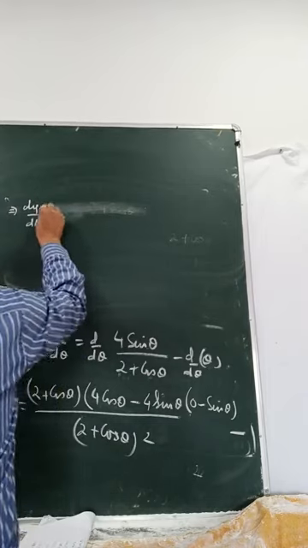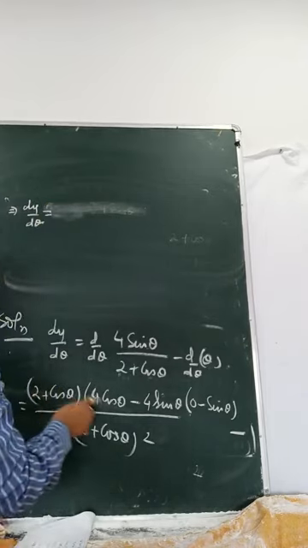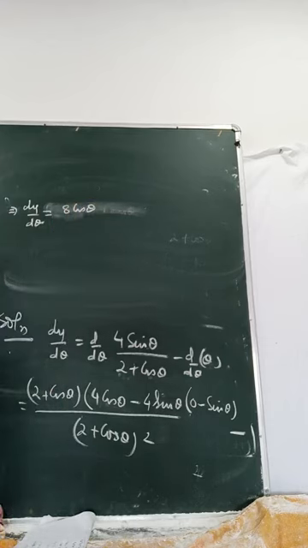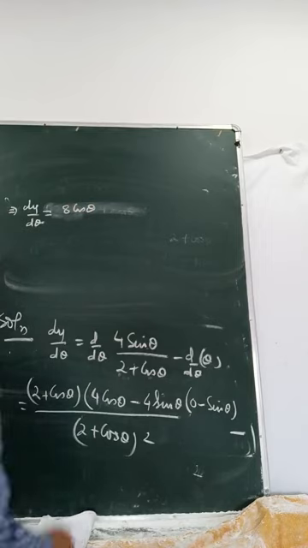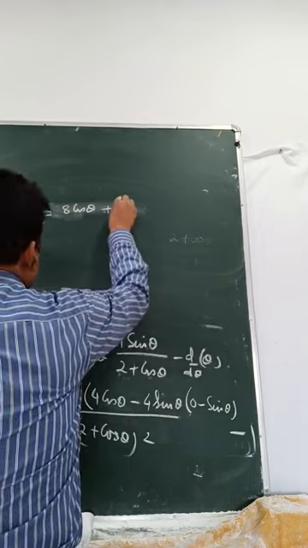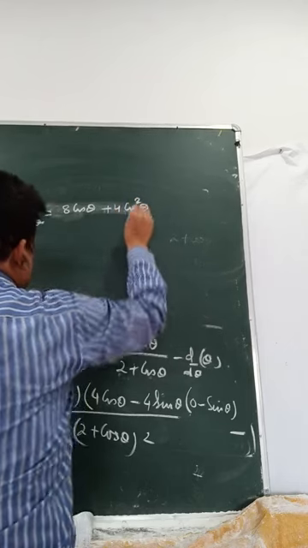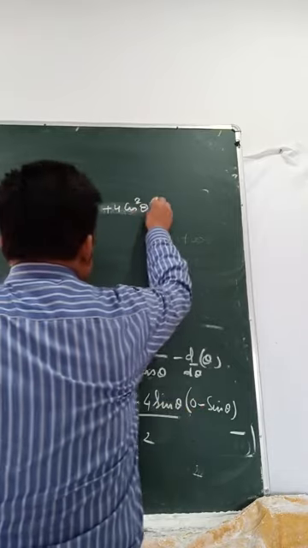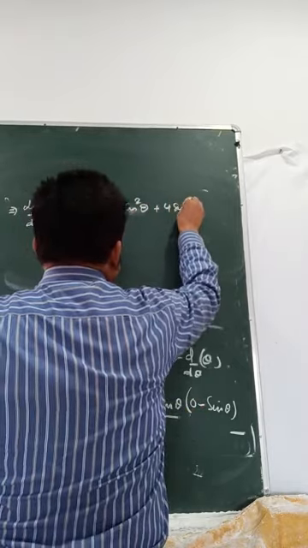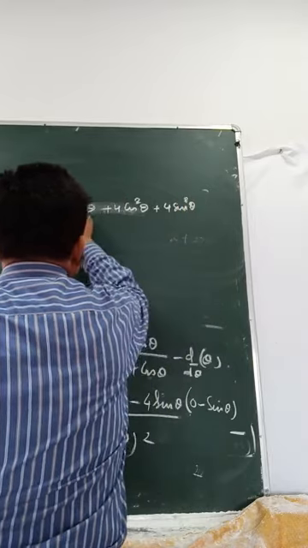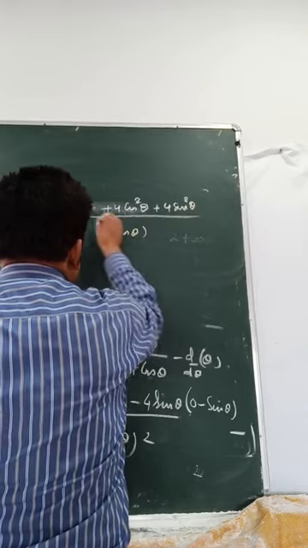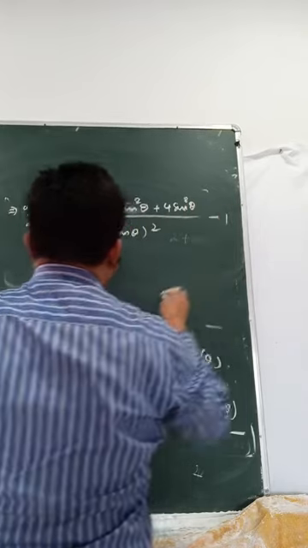Why not write one more line? 4 plus 2, 8 cos theta plus 4 cos square theta plus 4 sin square theta divided by 2 plus cos theta whole square minus 1.